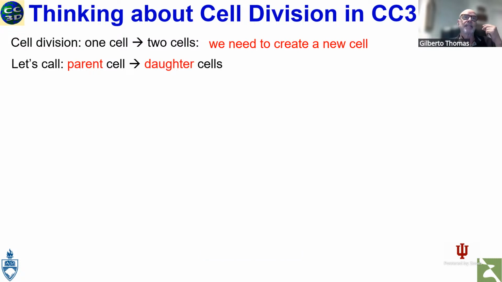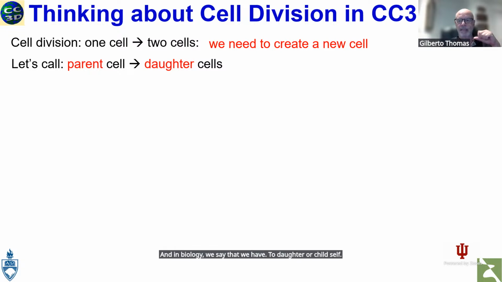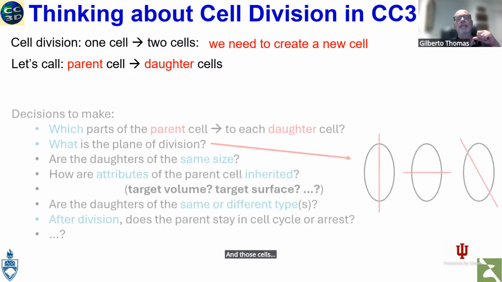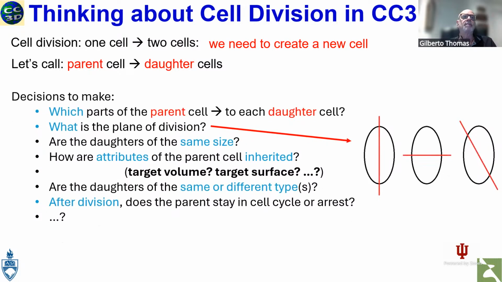For the sake of terminology, let's say that we have at the beginning one parent cell, and in biology we say that we have 2 daughter or child cells. And those cells have to implement the division.